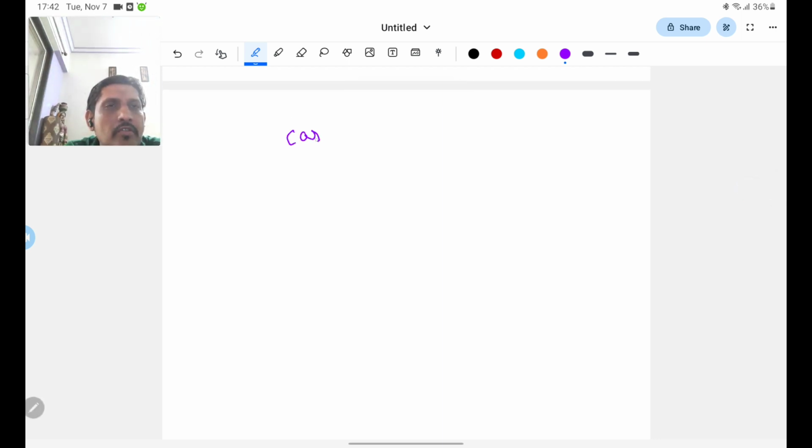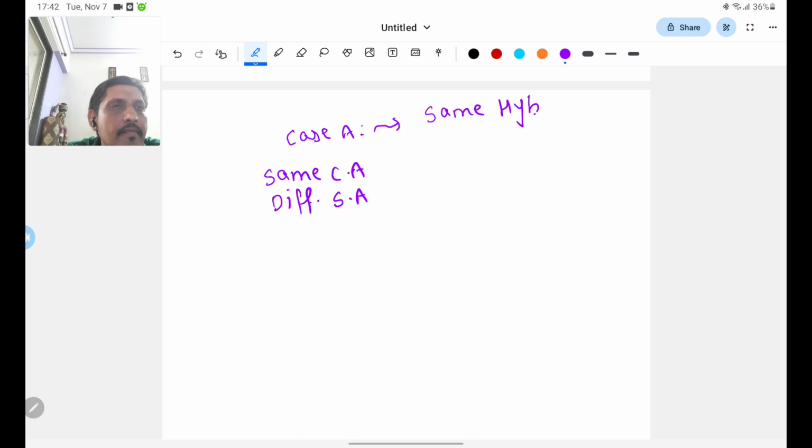So let's go to our case A. Same central atom, different side atoms, and the same hybridization, and also they have the same lone pair.